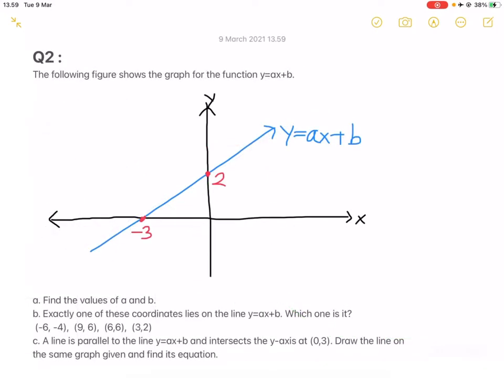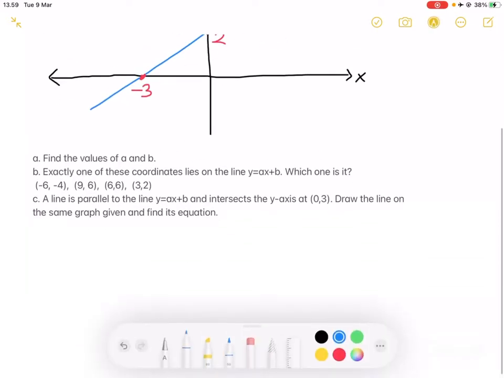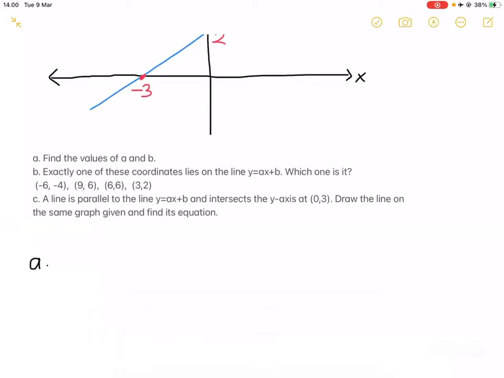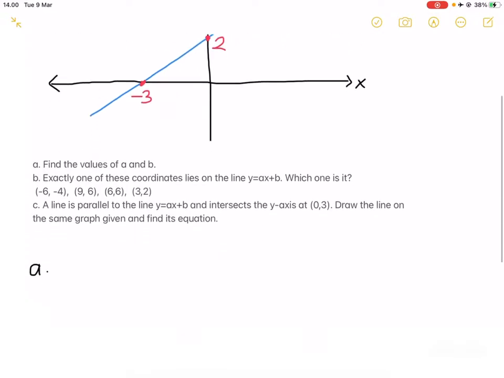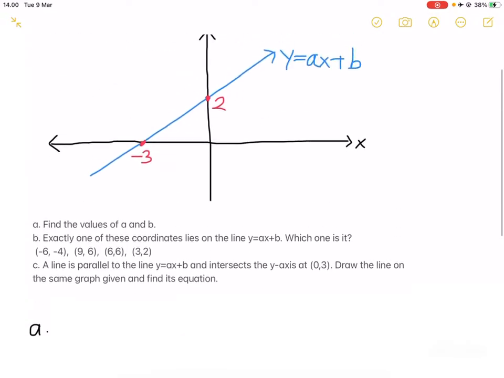For question 2, the following figure shows the graph for the function y equals ax plus b, where a and b are unknowns. So we need to find the values of a and b first. Notice here that the graph intersects the x-axis at negative 3, 0 and intersects the y-axis at 0, 2.